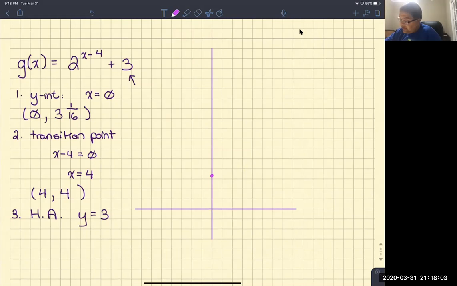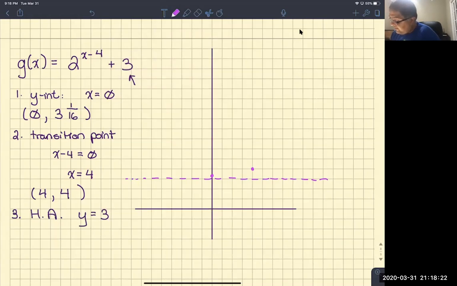So that occurs at 4, 4. And then my horizontal asymptote is at y equals 3.